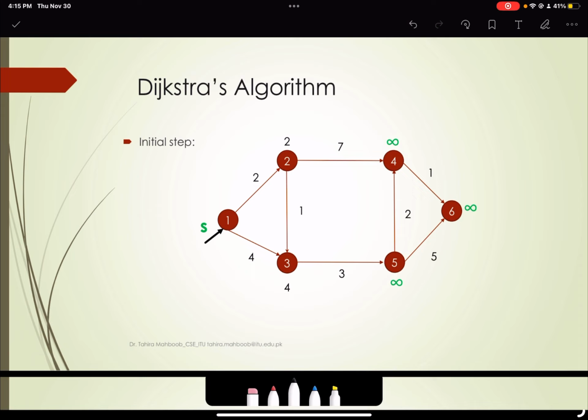Okay, if we start here, we can see in this example, this is your starting vertex, and we have to estimate the distances from vertex 1 to all other vertices. So initially at the starting stage, 1 is directly connected to 2, so the distance is 2. 1 is directly connected to vertex 3, so the distance is 4.